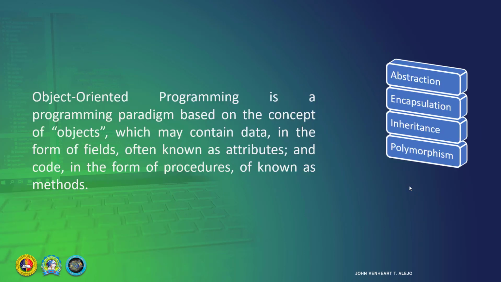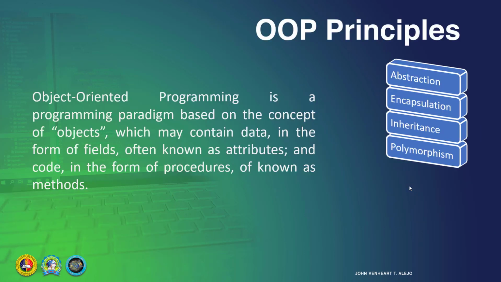So, question. Okay, so this is the definition of OOP. Object-oriented programming is a programming paradigm, a way of programming based on the concepts of objects. So why object? Because an object may contain data.